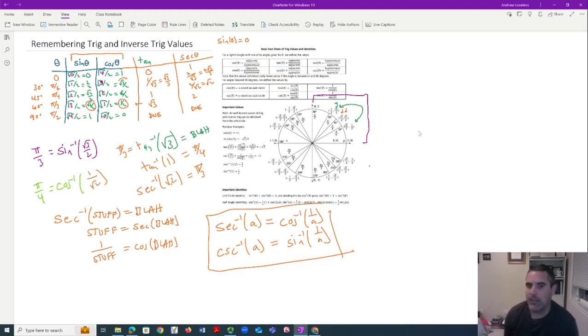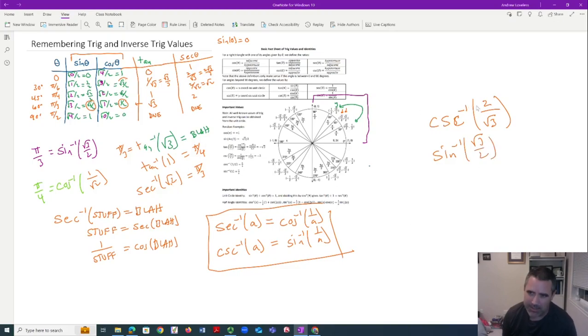So let's try yet another one. What is cosecant of, what would I give you? 2 over root 3. So you'd be asking yourself, there's two ways to think about it. You could say inverse sine of root 3 over 2.